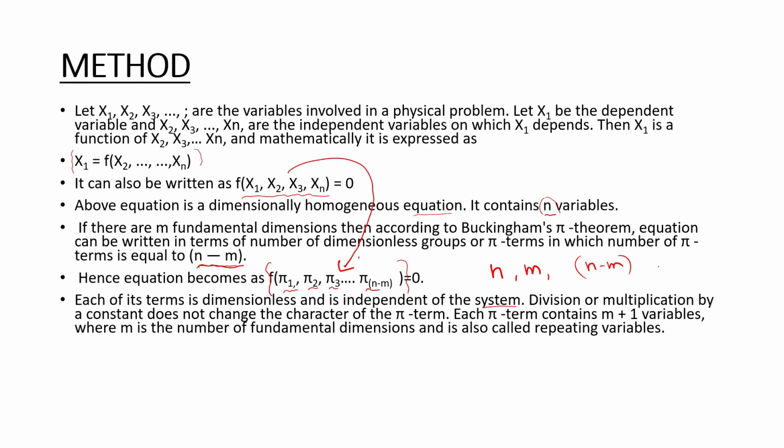Division or multiplication by a constant does not change the character of the pi term, and each pi term contains m plus 1 variables. So that is very important. Each pi term is made by using m plus 1 variables, where m is the number of fundamental dimensions, and these are also called the repeating variables.